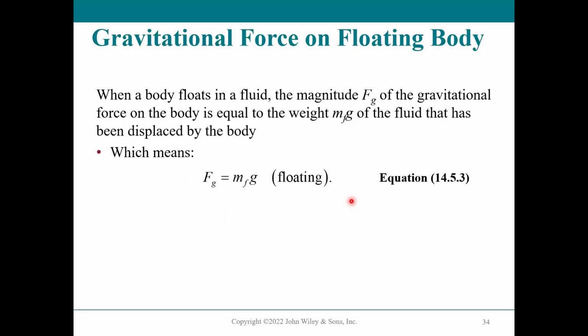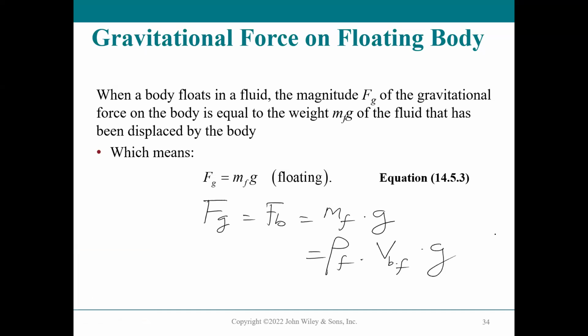So we can see that Fg is equal to the buoyant force, mass of fluid times g, which is equal to rho of fluid times volume of body in fluid, times g. So VBF is the volume of the object in the fluid.